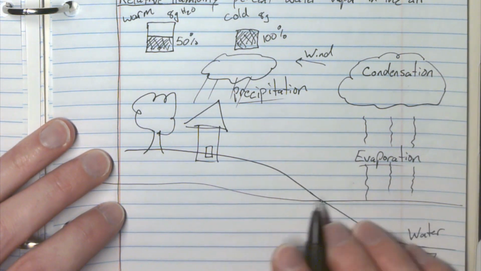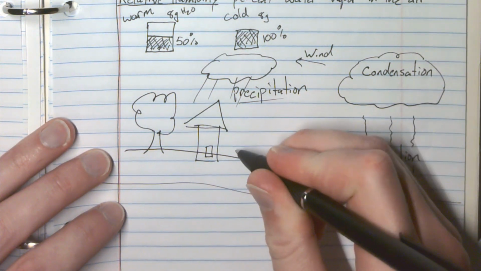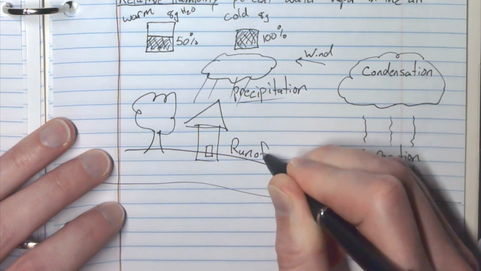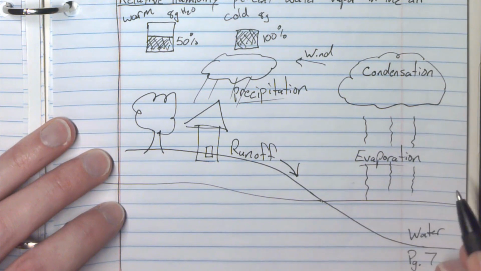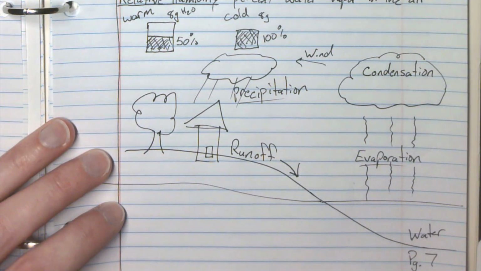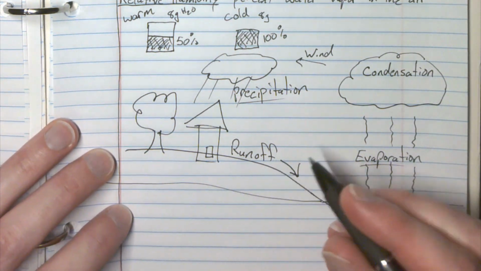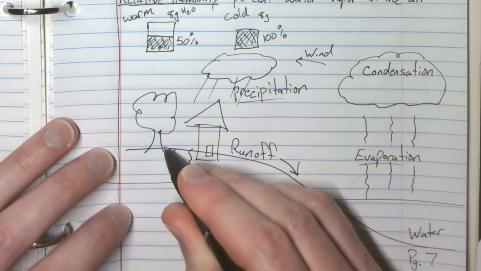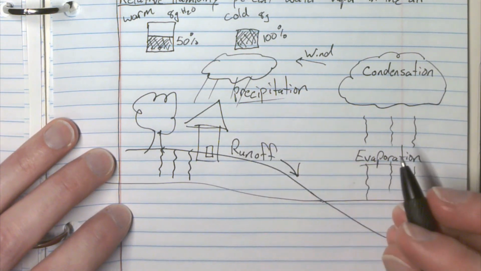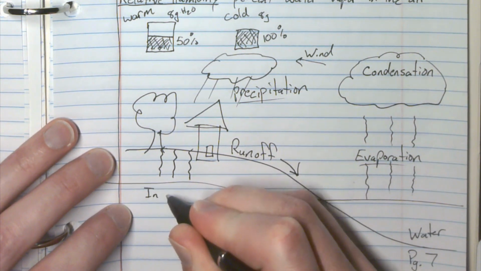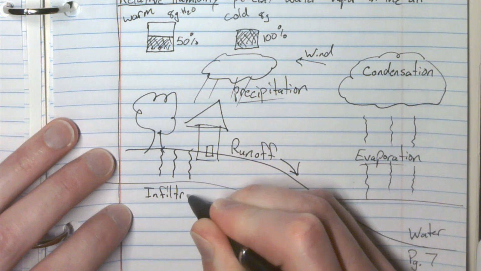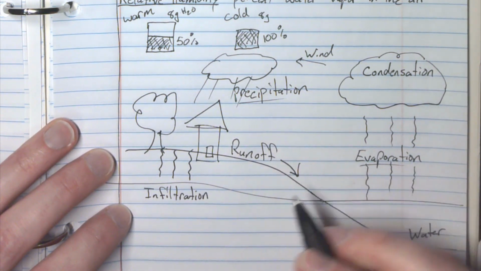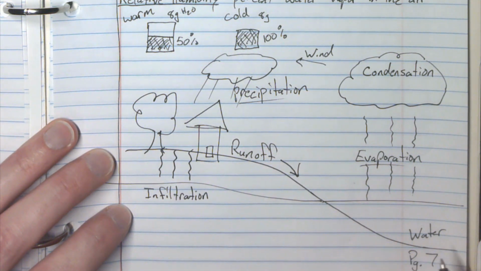And then we've actually got a couple more things we should really add. And we already had this definition. This is runoff, where that water goes over the land. But there's this one other thing where it actually soaks into the ground, and we'll talk about it at some point. But this is called infiltration. So it's going into the ground. That's called infiltration.